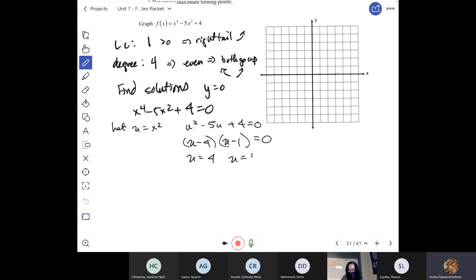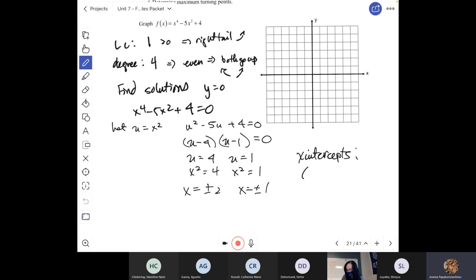Are those my roots? No. Absolutely not, because what was u? u was x squared. So x equals plus or minus 1 and plus or minus 2. So I have my x-intercepts. And how many do I have? 4.